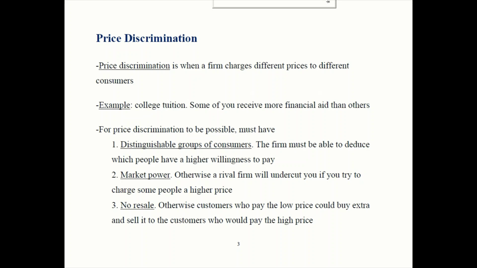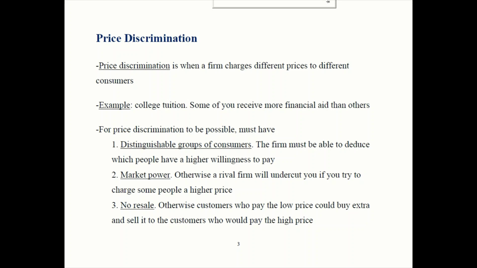So, what does it mean when we say price discrimination? A firm can charge different prices to different customers. So you guys are actually quite familiar with one example of price discrimination. That's college tuition. While the tuition might be similar for a lot of students, you get very different amounts of financial aid. So the price you pay net of financial aid is actually going to be quite different for many of you.